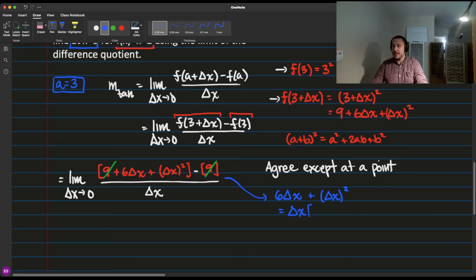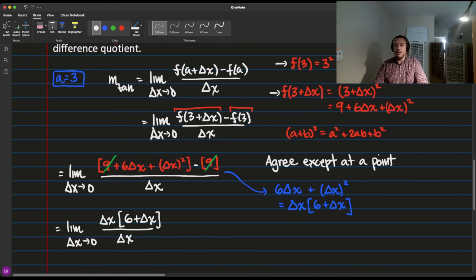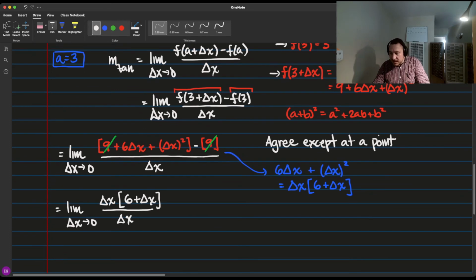So you get delta x times 6 plus delta x. Okay, so let's write this. This now becomes the limit as delta x approaches 0 of delta x times 6 plus delta x over delta x.